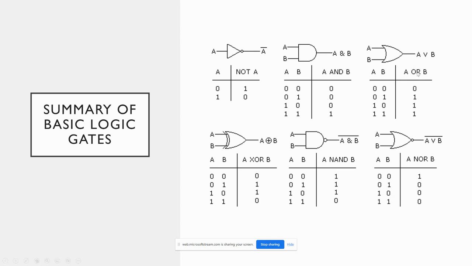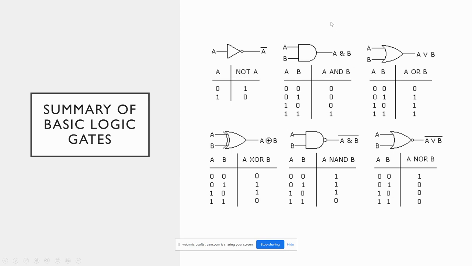In terms of OR, sometimes we use this symbol to represent OR. Sometimes we also use the plus symbol to represent the OR gate, or sometimes we can just write OR. With the XOR gate, it's the plus of the OR with a circle around it, and that represents the XOR gate.